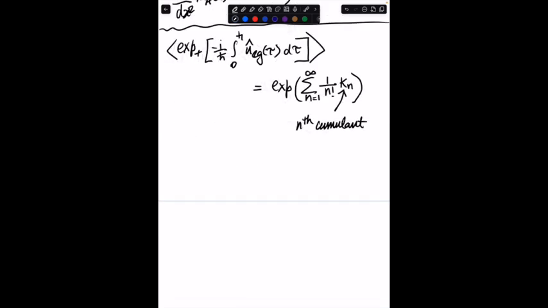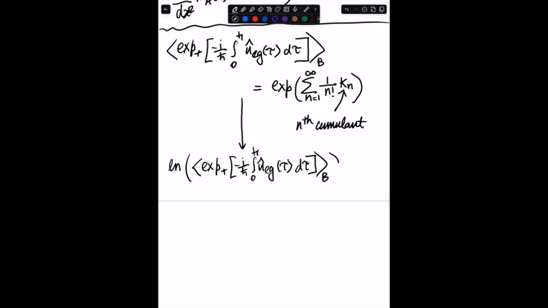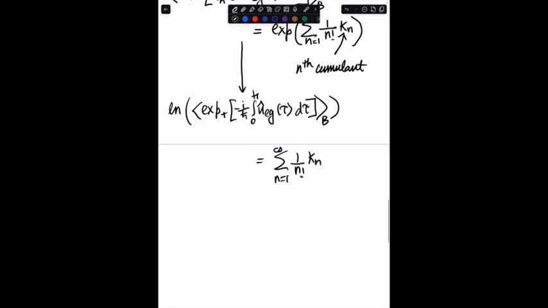So what you could do after this is take a ln of the expression on both sides. You take ln of this expectation of this positive time ordered exponential from 0 to t1 of u e g tau d tau, and on the right you have the sum from n equal to 1 to infinity of 1 upon n factorial kn, where kn is the nth cumulant.